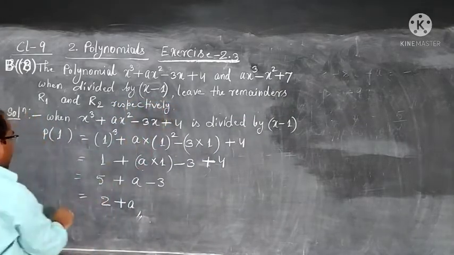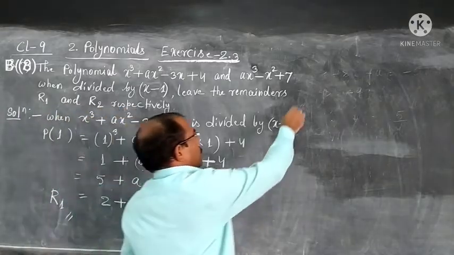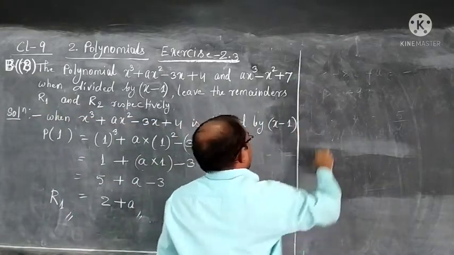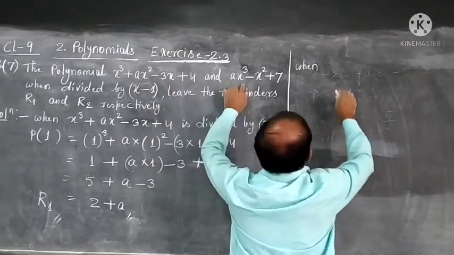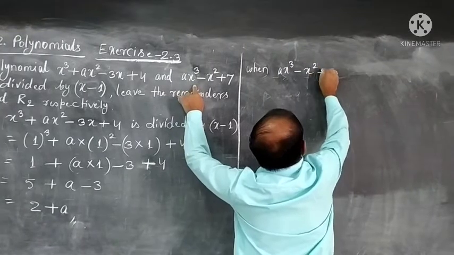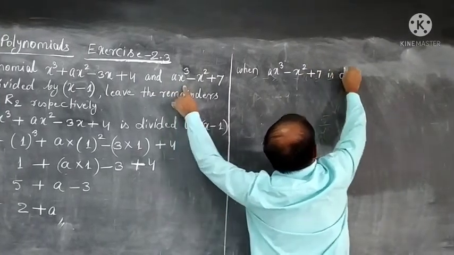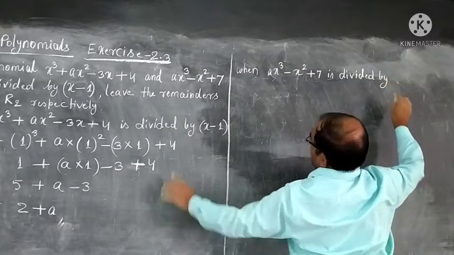So, say this is r1: the first polynomial we divided and got the remainder. Now the second polynomial, ax cube minus x square plus 7, is divided by x minus 1.